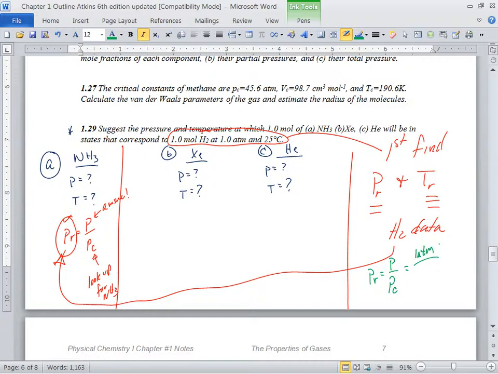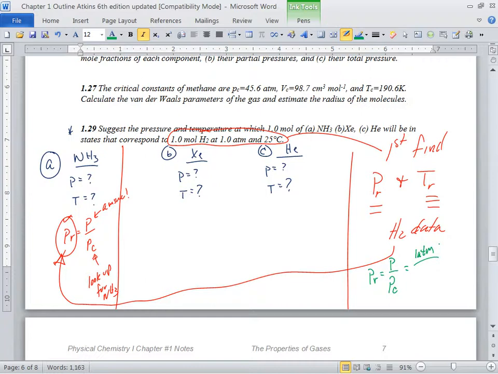Now it's helpful if you see it, because you want to get used to reading Atkins's tables, right? Gloria, what does it say for hydrogen? What is its critical pressure? Oh my goodness. Yeah, I suppose that's easier. 12.8.